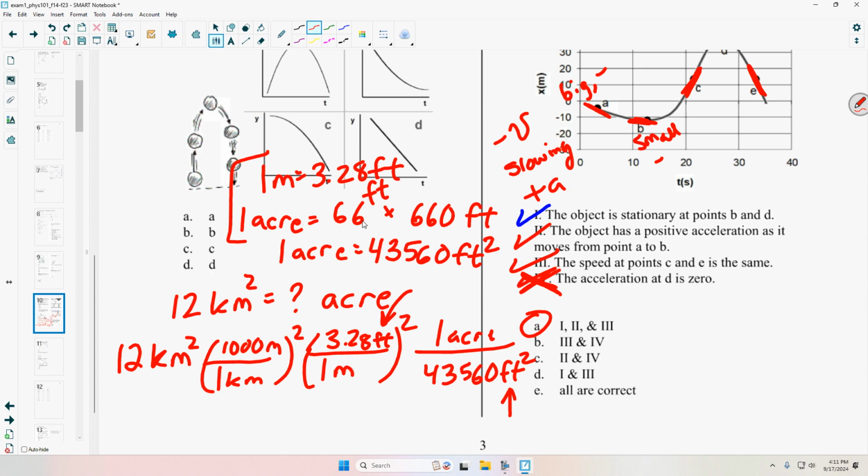So I don't square that last conversion factor. And then I get the answer, whatever that is. Now your question won't be 12 kilometers squared, it'll be some other number. Okay? So be prepared for that. It's not difficult, but it's a little bit different than what we've done before.